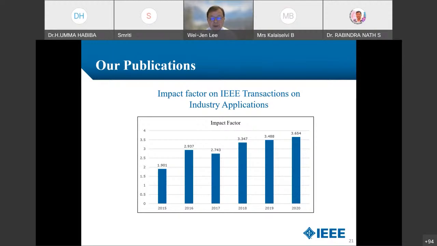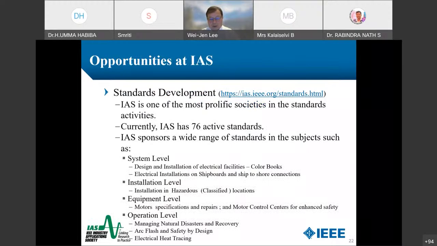Of course, the impact factor is not the only index to judge a paper, but it provides some idea of quality, and normally if a publication's impact factor is above 3, it is considered a quality publication. As I have emphasized, this is not the only index to look at.